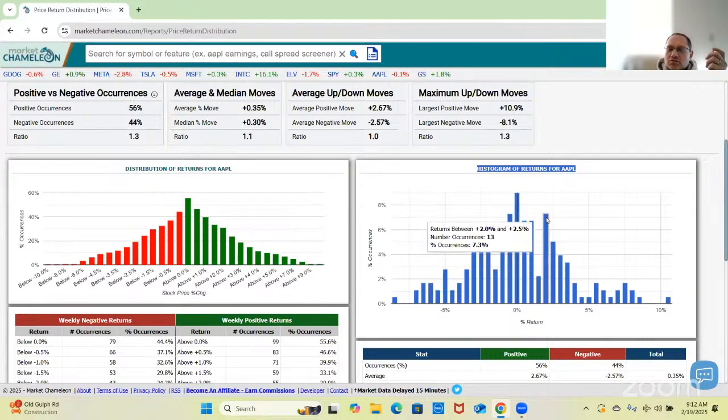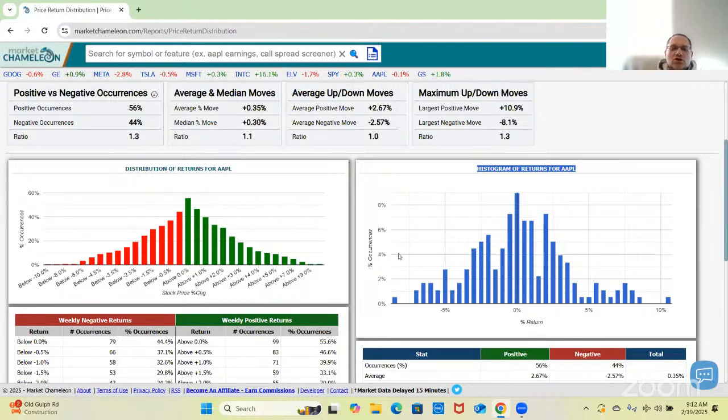But you can see here, between 2 and 2.5%, that was 7.3% of the time. Between 0 and -0.5%, that's 7.3% of the time. And here are the extreme moves, one in this bucket, one in that bucket. So this gives us an idea how those returns are distributed.